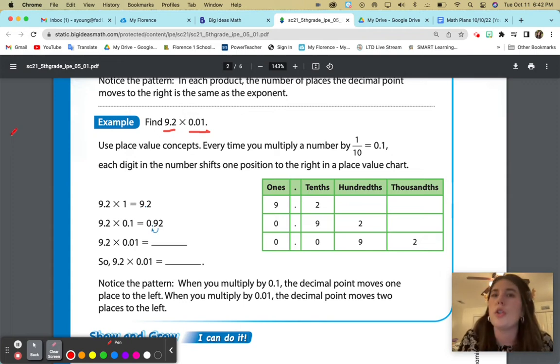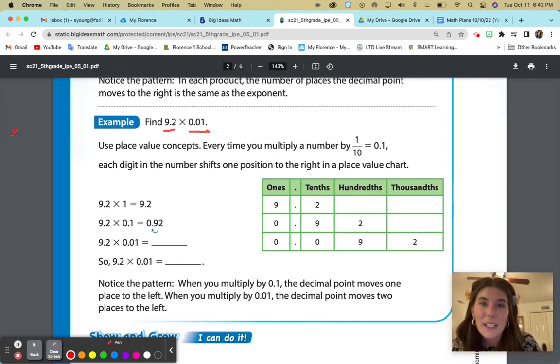Every time you multiply by 1/10, notice how they give us the fraction version and the decimal version. Each digit in the number shifts one position to the right. So, friends, do you see how it's opposite from whole number power of 10 to decimal power of 10? We're seeing some differences here.